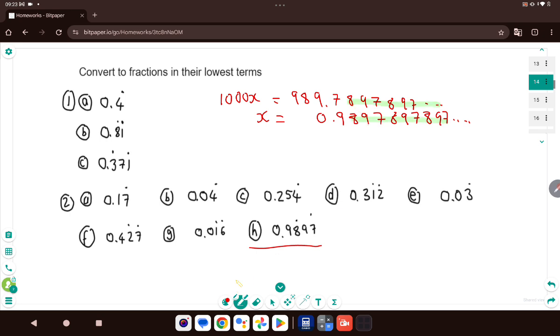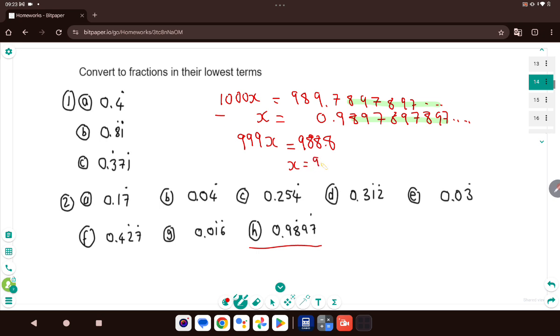So when I subtract, we get 999x is equal to 989.7 minus 0.9, 988.8.